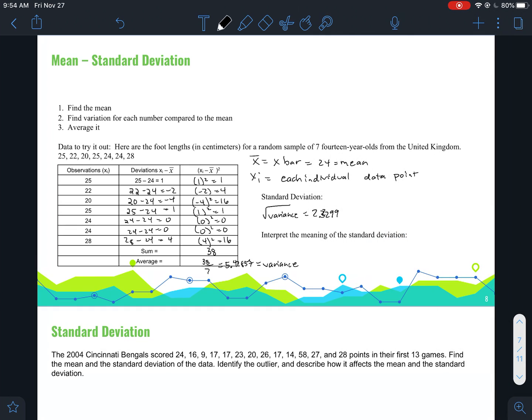So that is going to be the standard deviation of my data set.